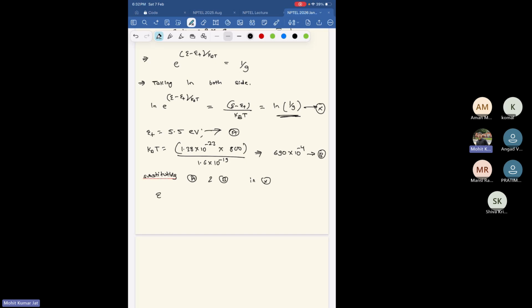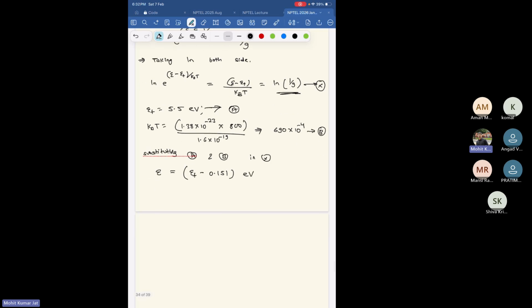So what you get is energy E equals EF minus 0.151. This is the value of ln 1 by 9 times eV. ln 1 by 9 times this number, kBT, will be 0.151, and E will be roughly, so EF you substitute to be 5.5 minus 0.151 eV, and that will be roughly around 5.348 electron volts.